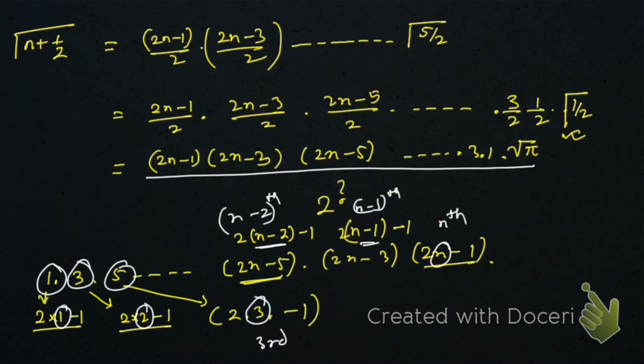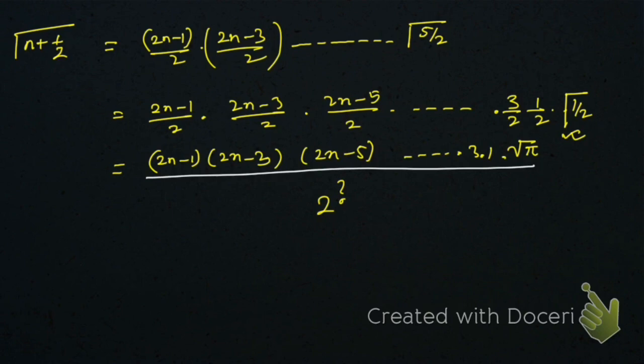That means there are n number of terms from here to there. So that's why in the denominator we should have n number of 2's. So we can write here 2 to the power n.